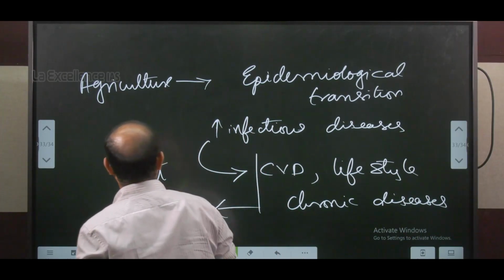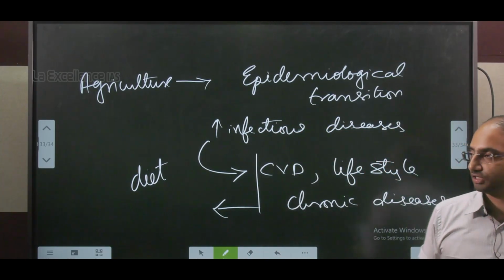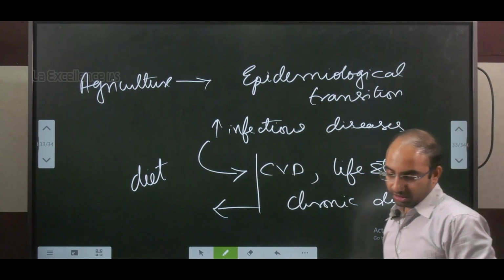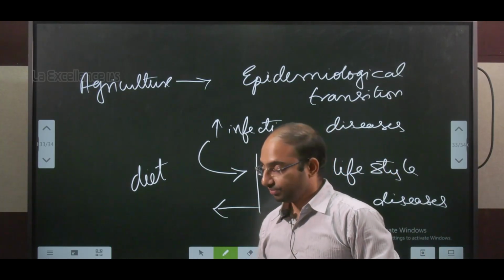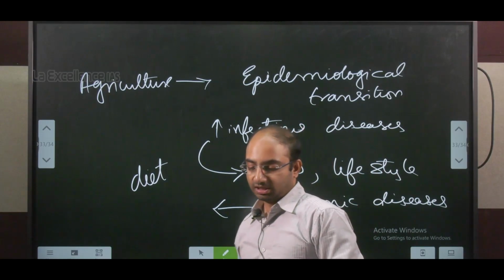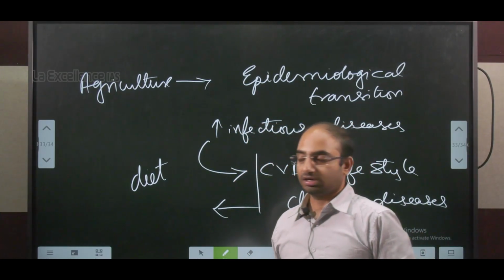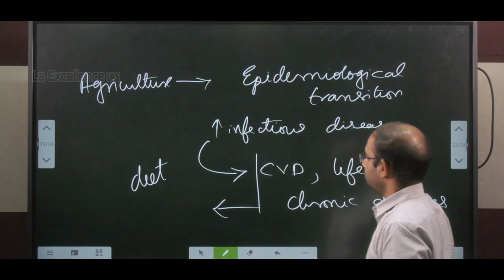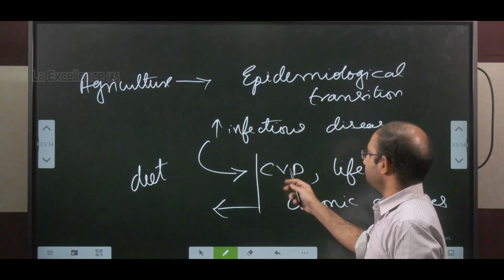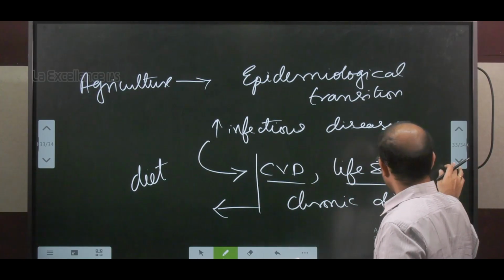All of us evolved as Paleolithic hunter-gatherers, but with agriculture, our Paleolithic diet is replaced by more cereals and more carbohydrate-intensive foods. As a result of this diet imbalance, we experience more and more CVDs and lifestyle diseases. That we can write.